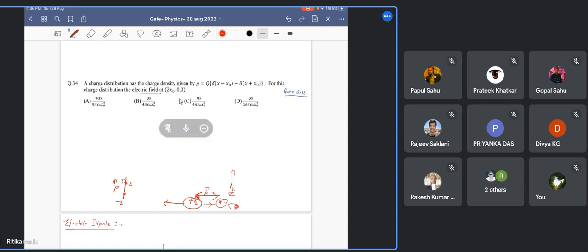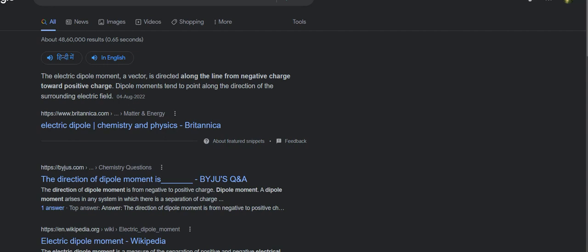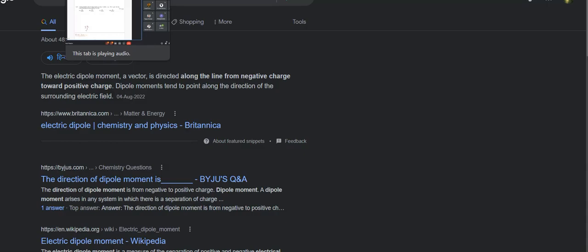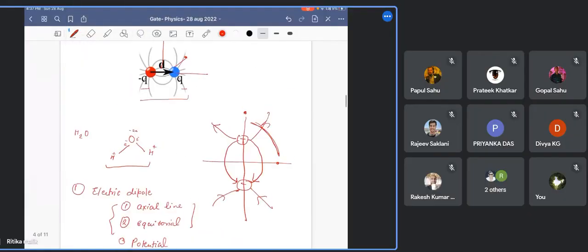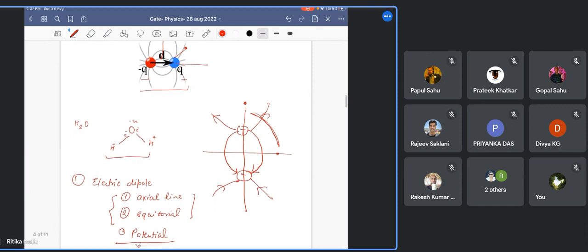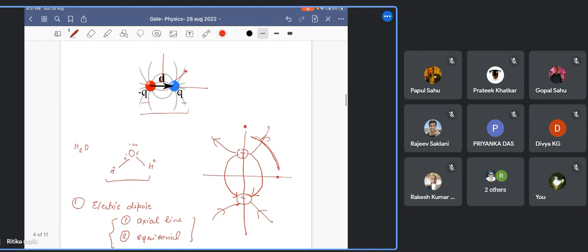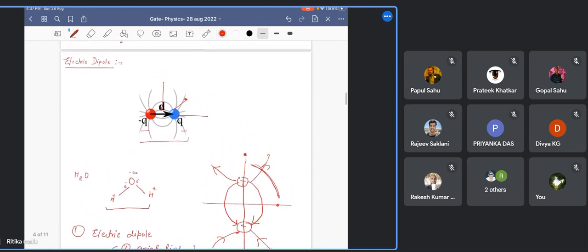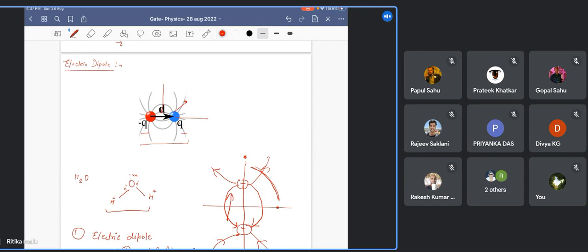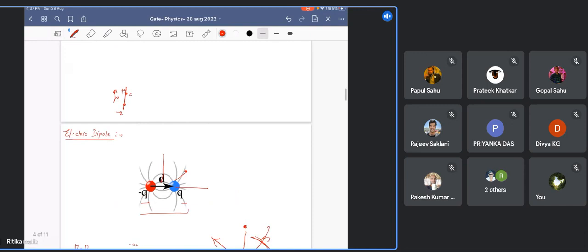Sorry, the dipole moment is from negative to positive. I will let you know where I made the mistake. So this is the direction of the dipole moment, from negative to positive. Yes, you are right. Thank you for correcting me.